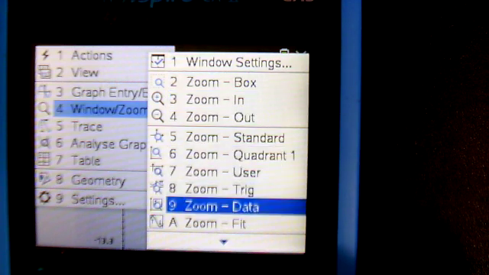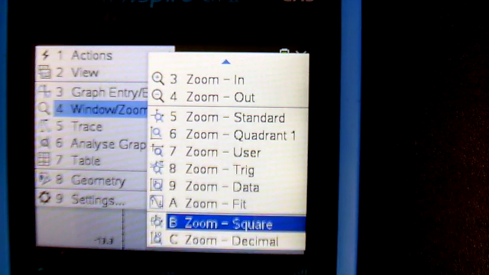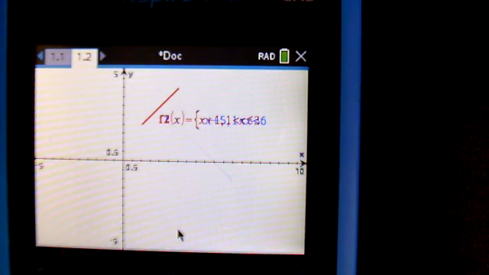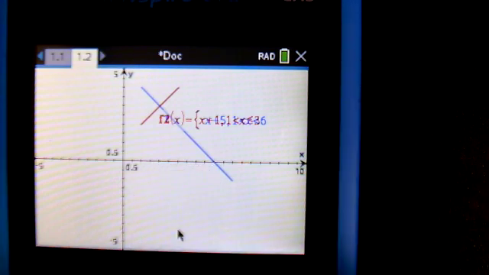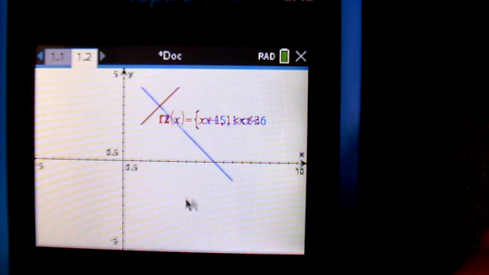I can scroll down and see it. Zoom square. And when I do that, you'll notice now that the distance from 0 to 1 is the same on both the x-axis and the y-axis. And now you can clearly see that those two lines are perpendicular.